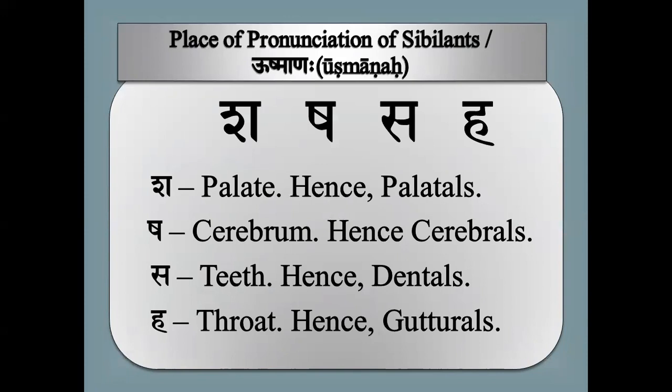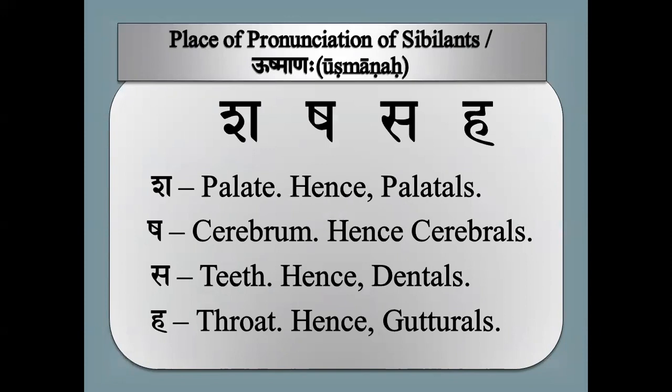Okay. And the next one, sha. Sha is cerebral, murdanya. The tongue should touch the roof of your mouth, like the vowel r, and also the consonants ta, tha, da, dha, na, tavarga, and the semi-vowel ra.